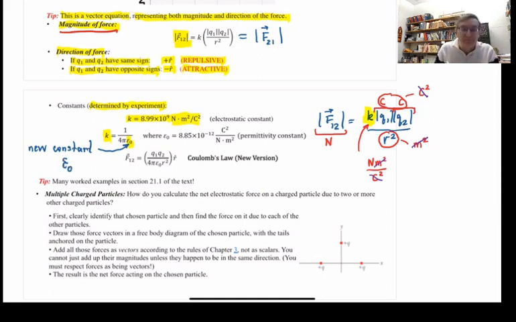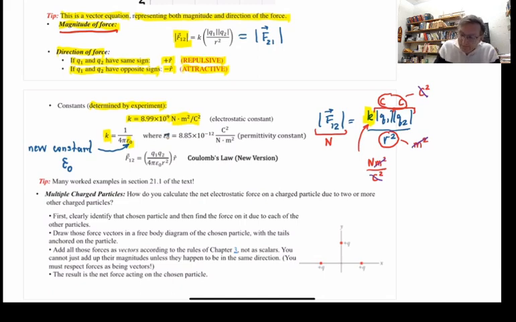In fact, most physicists call it epsilon 0, although it's not its actual name. You could certainly make that definition. I'm going to just say k equals 1 over 4 pi epsilon 0, and given that you know what k is, you can solve for what the constant epsilon 0 would have to be.